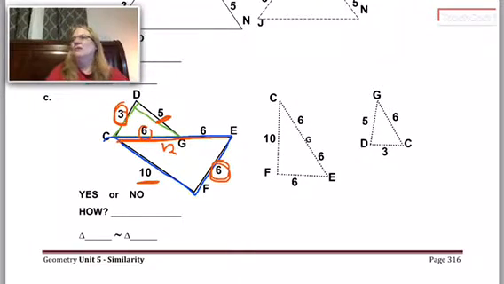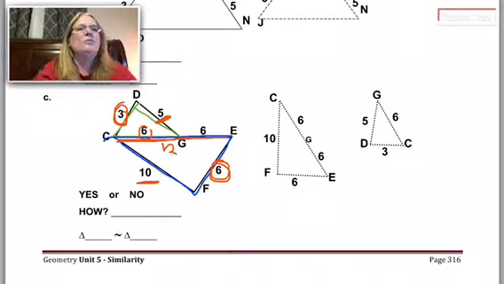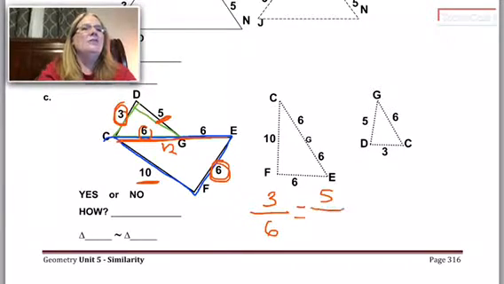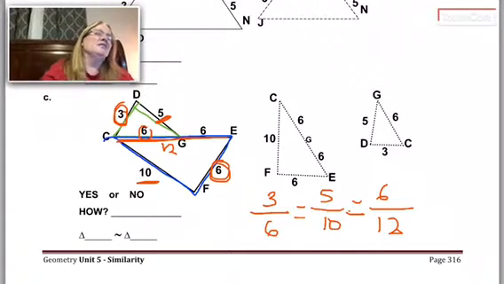So what we can do is just set up ratios: the 3, the small side, over the 6, the 5 over the 10, and the 6 over the 12. And what I notice is that I have a scale factor of 2. 3 times 2 is 6, 5 times 2 is 10, 6 times 2 is 12.